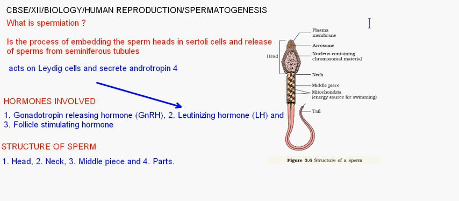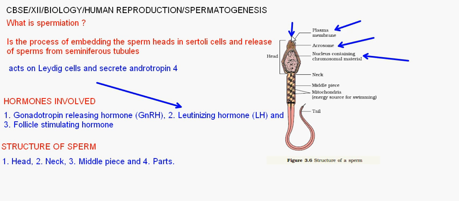And also it contains acrosome, which is a cap-like structure present at the anterior part, that is the front part. The acrosome consists of enzymes which help the sperm to penetrate the ovum.